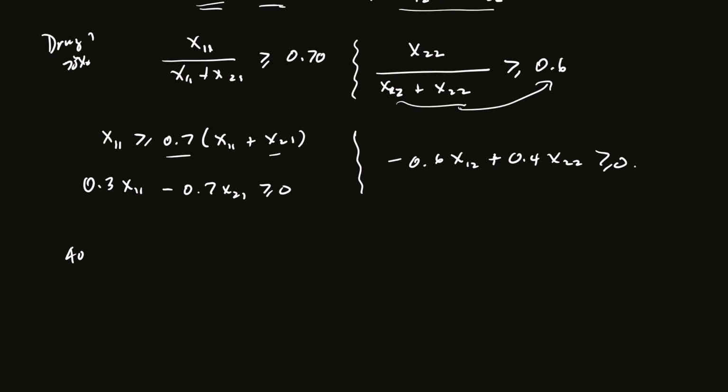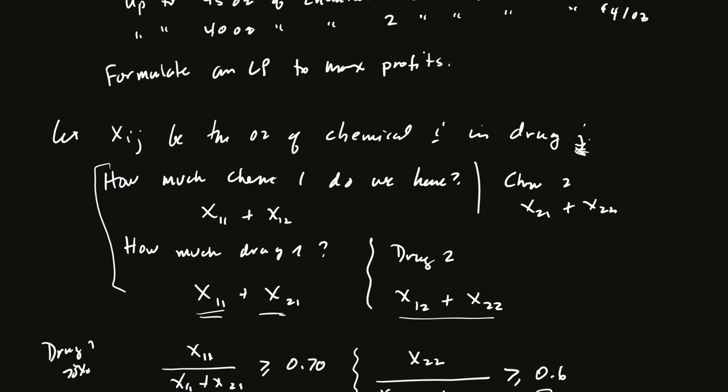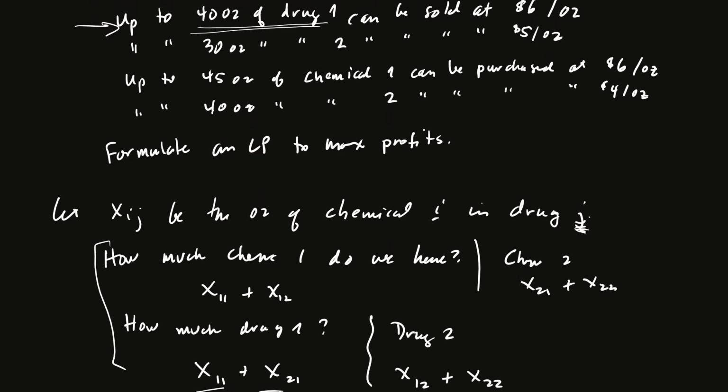So the amount of drug 1, which was X11 plus X21, should be less than or equal to 40. And similarly for drug 2, X12 plus X22 should be less than or equal to, what did we say, 30.